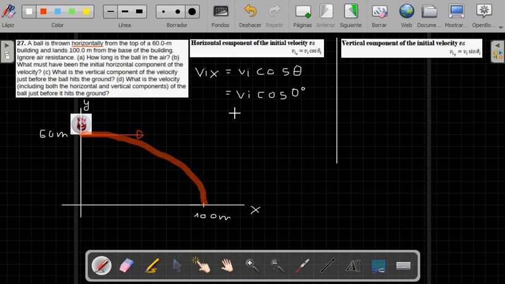So I'm going to write here initial velocity Vi times 1. And 1 multiplied by anything is going to be the same thing. Initial velocity multiplied by 1 is the initial velocity. Okay, we haven't found anything here.